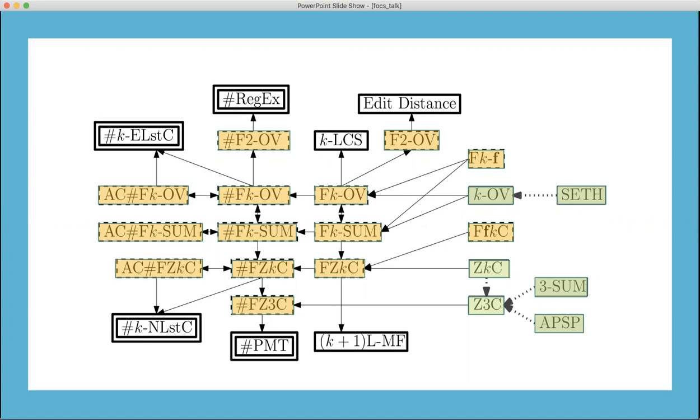And we get average case hardness for them. You can see KLCS and edit distance among them. And the distribution that these problems are hard on average is not necessarily the uniform distribution, but it is again a natural and easy to sample distribution.